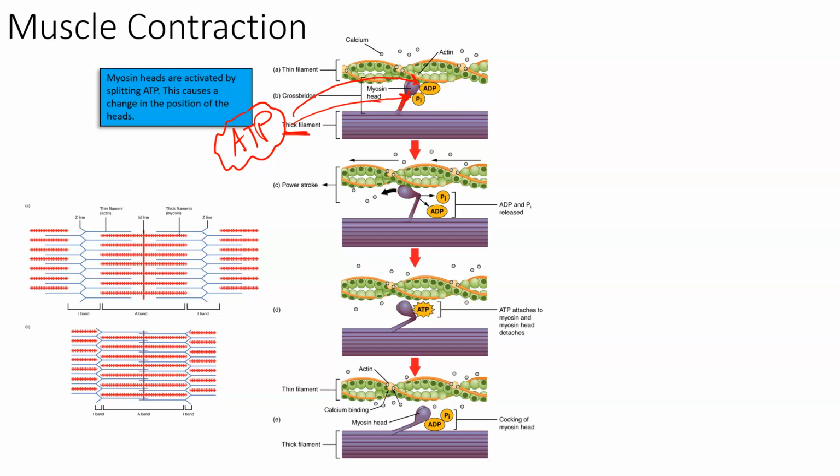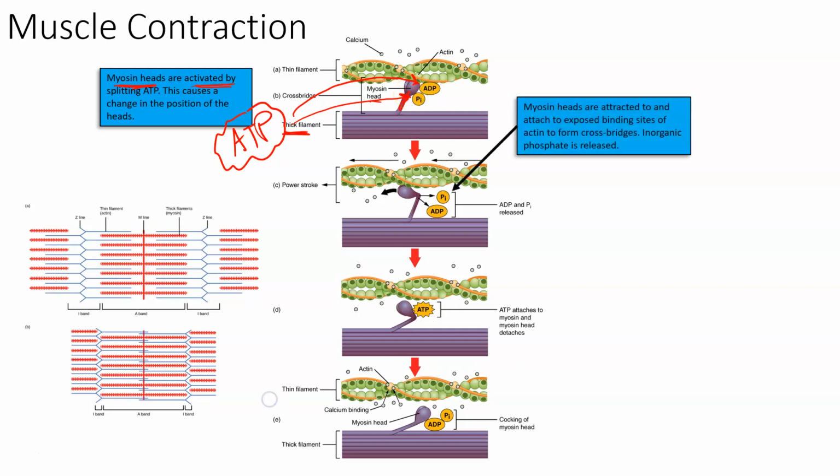When ATP splits, it activates the myosin head and causes the ADP and inorganic phosphate to bind to the myosin head, which causes the myosin head to actively bind or grab a hold of the actin at these myosin binding sites, okay? Myosin head binding sites.